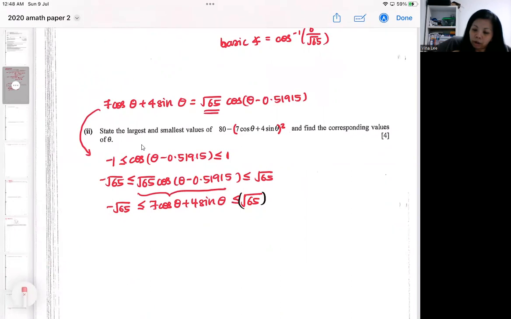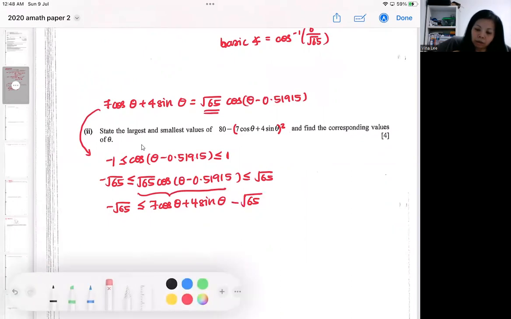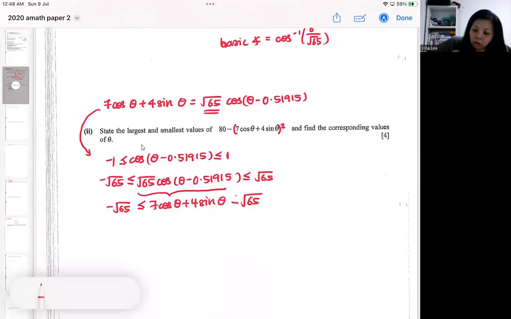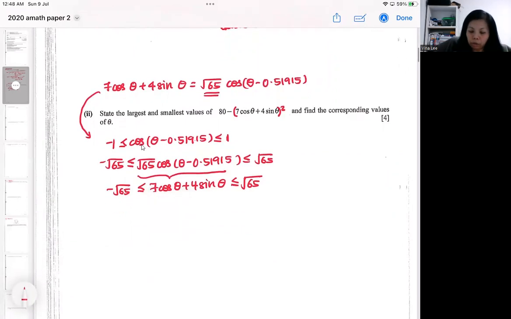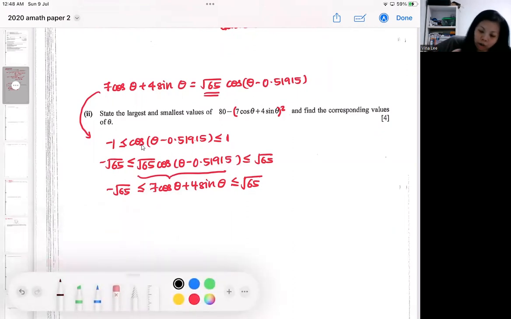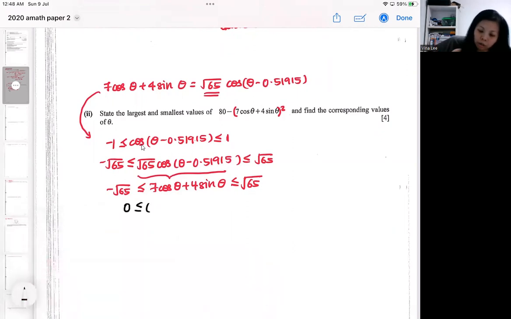When you square it, you will actually get a 0, because anything squared will be a positive value. If you need to understand this a bit more, let me know. I will give you another video to reinforce why when we square, we actually get a 0.